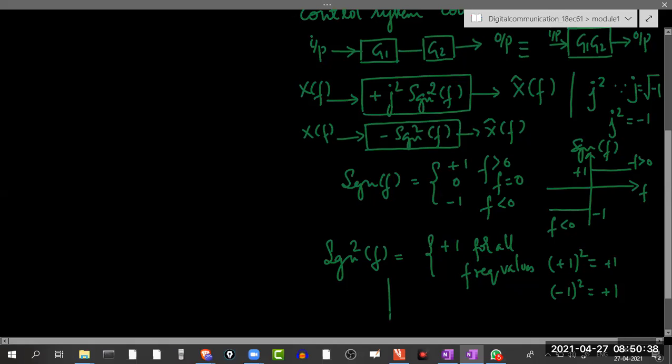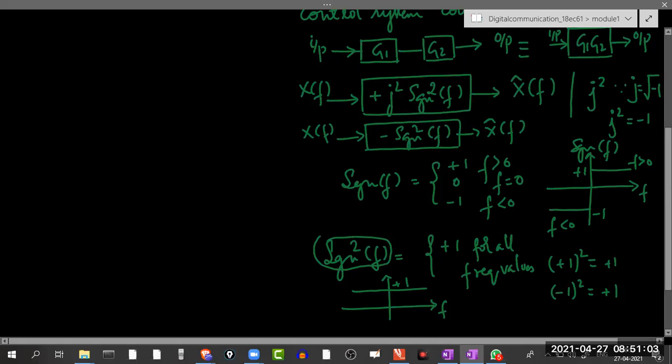So we have a horizontal line parallel to the frequency axis whose amplitude value is equal to 1.